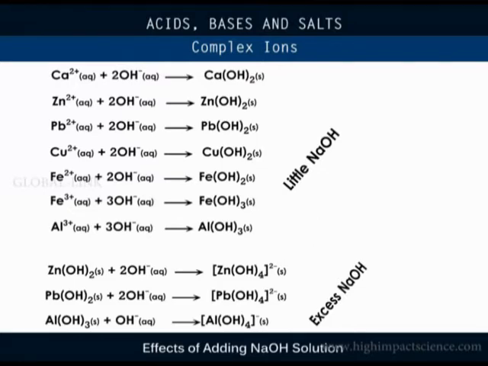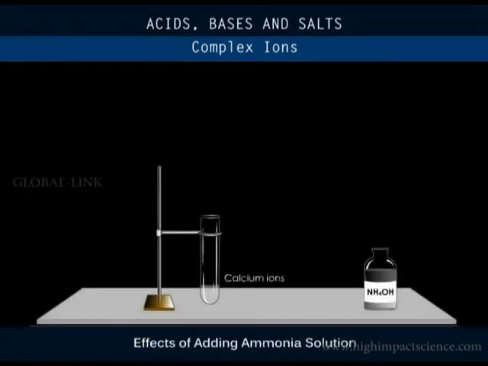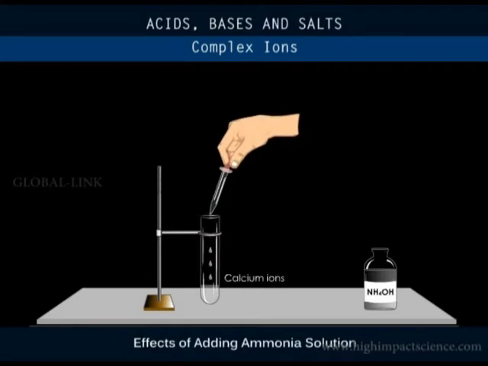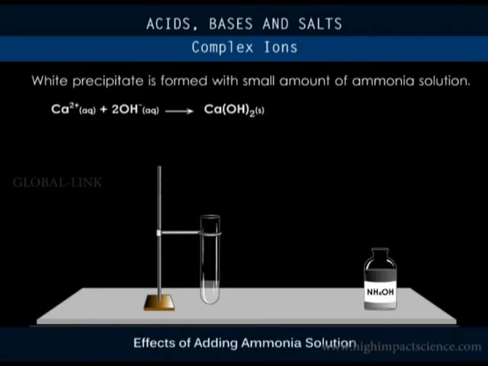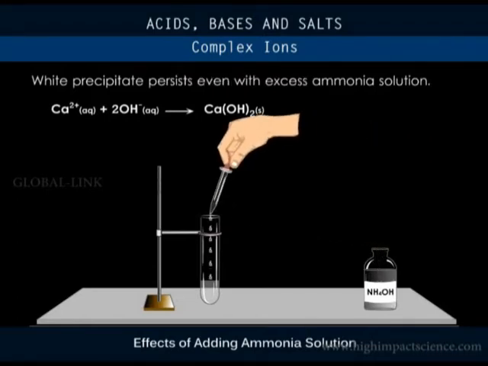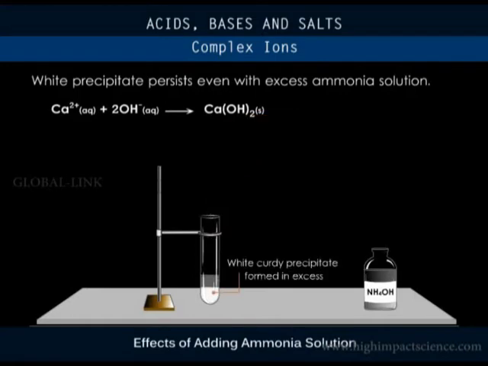Now we repeat the same procedure using ammonia solution, which is basically ammonium hydroxide. We start with a solution containing calcium ions. We add a small amount of ammonium hydroxide. A white precipitate is formed. In excess ammonia solution, the white precipitate persists.